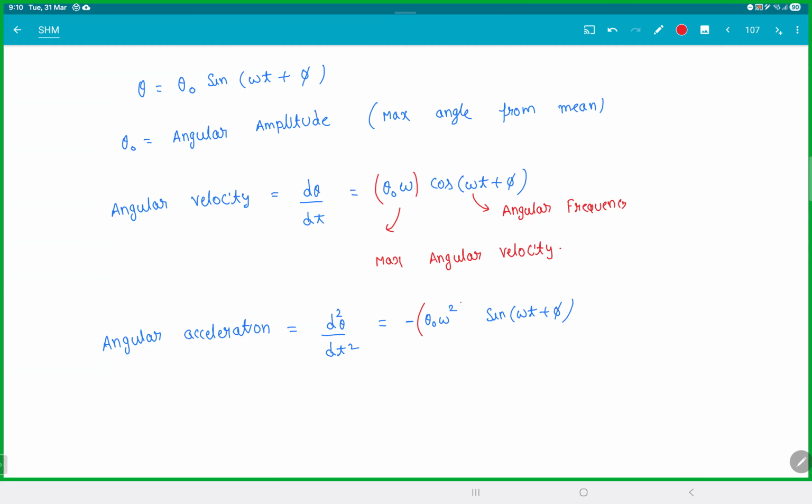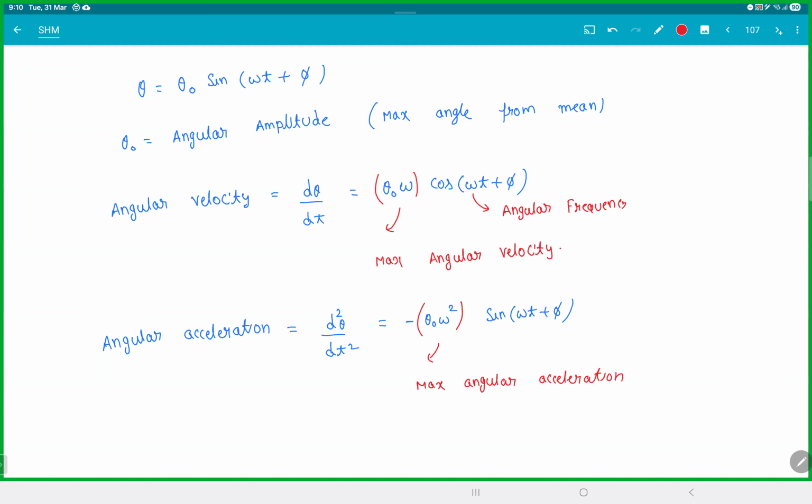So theta naught omega square is your maximum angular acceleration. So when the pendulum is oscillating, if they ask you to find the maximum angular velocity of the pendulum, it is theta naught omega. Theta naught is the maximum angle from the mean position and omega is the angular frequency.